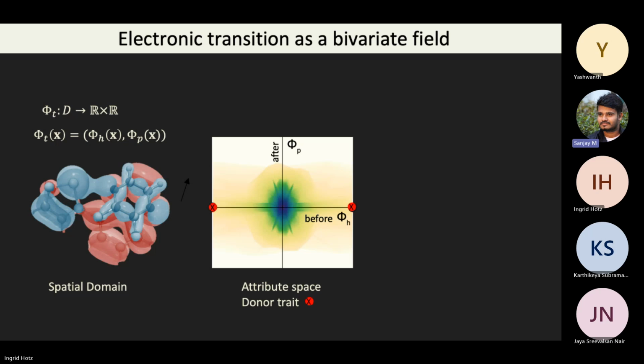What does it mean to be dominant? It means you have a high value before and mostly zero value after. This can be expressed by these points on our x-axis, so after is 0 and before is high. And we don't care whether this really exists in our data set. It doesn't have to be an actual position. These are our traits.